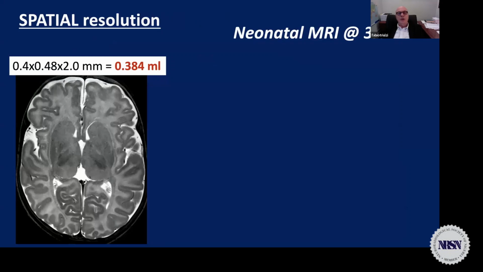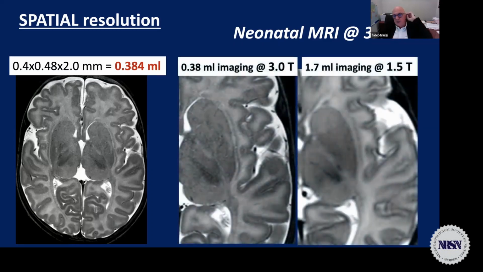Of course, you have to optimize also spatial resolution because the head of a newborn is small. If you have a 3T, it is a better solution, but also with 1.5 Tesla, you have to optimize your voxel size, so try to obtain the maximum spatial resolution with your unit.